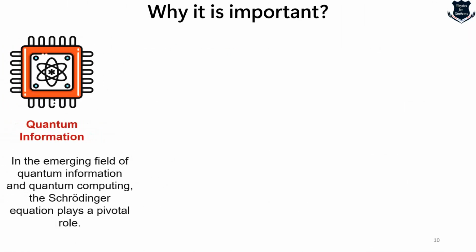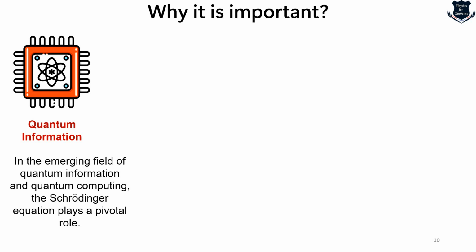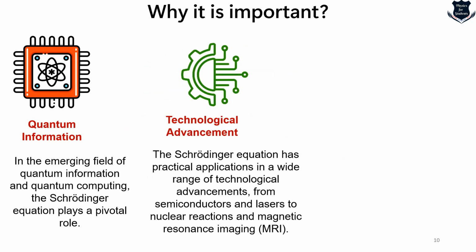Not only that, quantum computing: in the emerging field of quantum information and quantum computing, this equation plays a pivotal role. Quantum computers use the principles of quantum mechanics, and the Schrodinger equation helps to describe the quantum states and operations in these revolutionary devices.